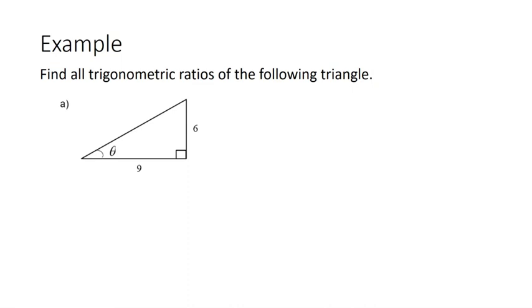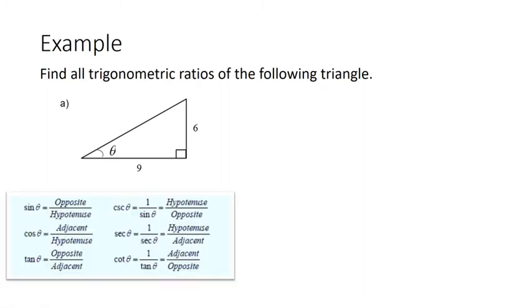Let's look at the example. To find all trigonometric ratios of the following triangle, first we must remember this formula. From this triangle, we find that we don't have a hypotenuse value, so we can apply Pythagoras theorem to find the hypotenuse.